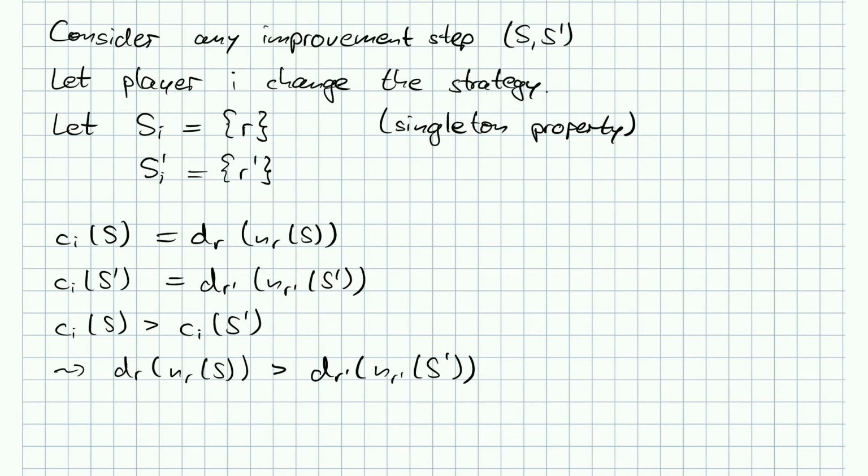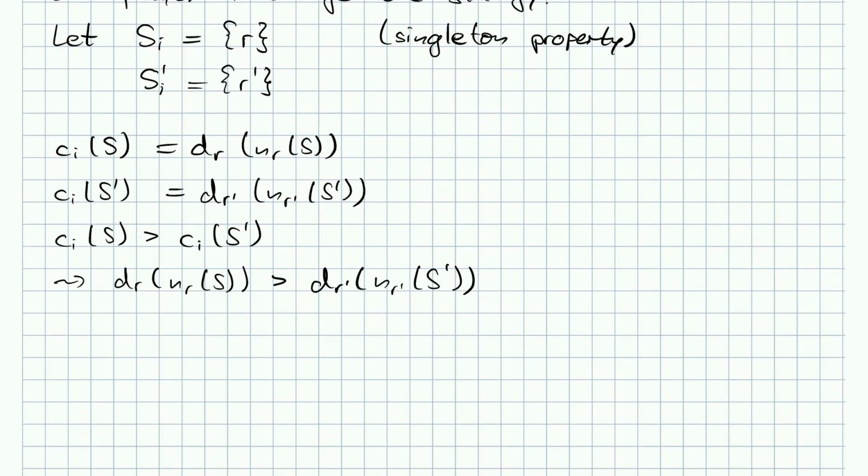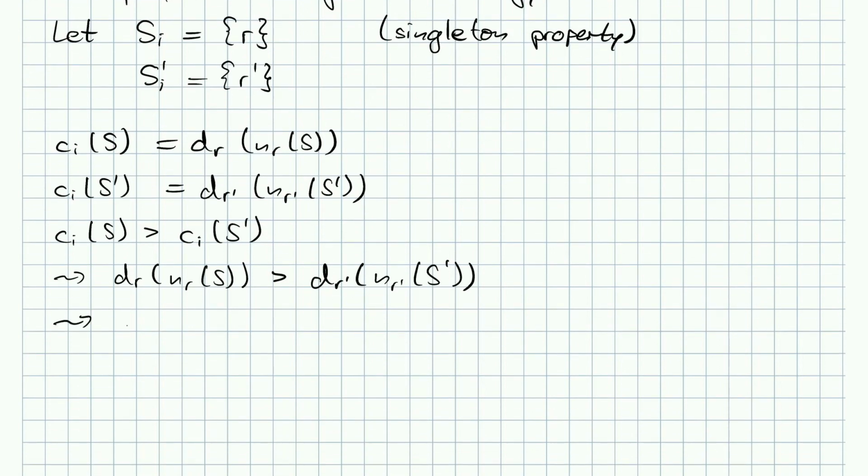But this means that d_r of n_r of S has to be after d_r prime of n_r prime of S prime in this ordered sequence. So we also have exactly the same relation with respect to these new delays d bar.